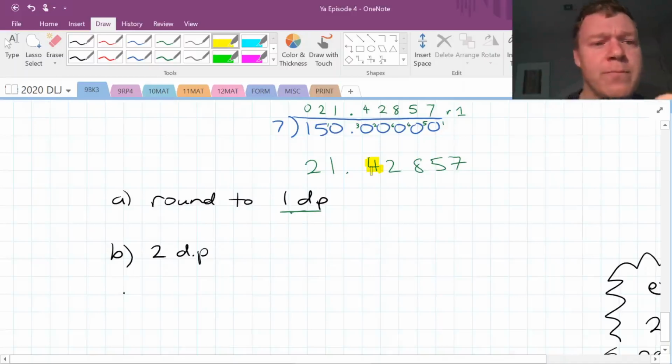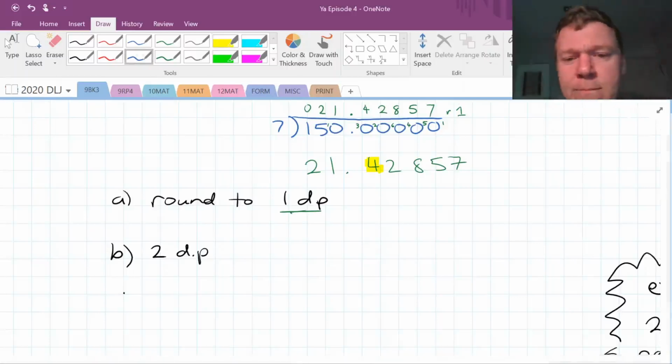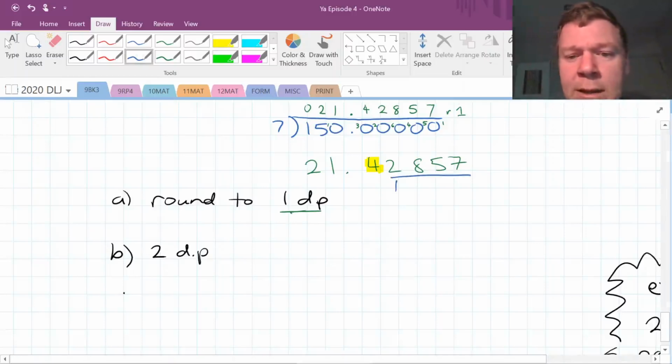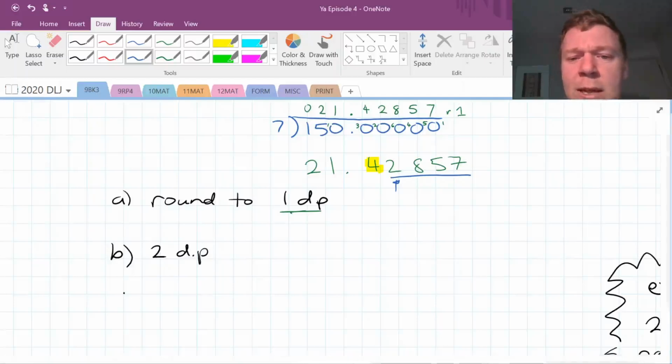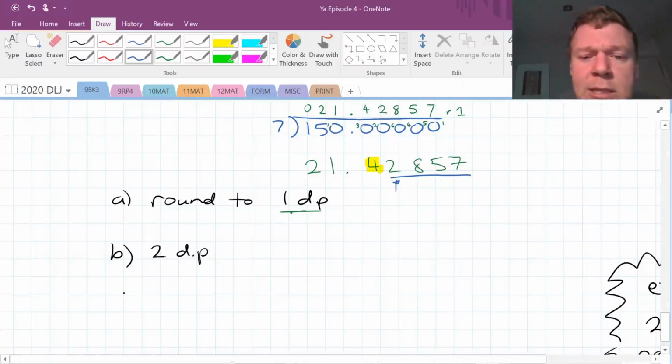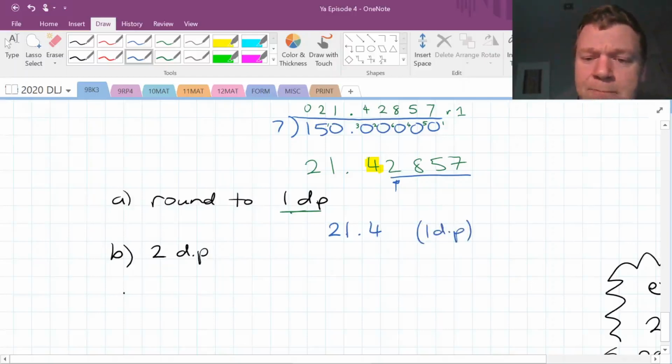It's a 4. And then you want to look at the next number after it. Is that number a 5 or above? If it's not, then you just cut the rest of the number off. So we get 21.4. And that would be 1 decimal place.